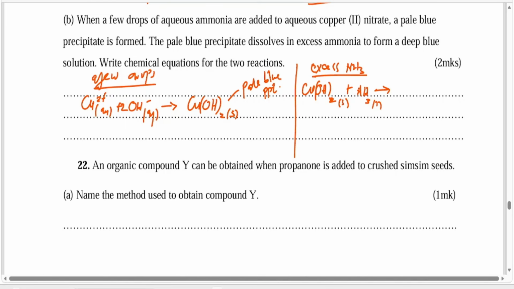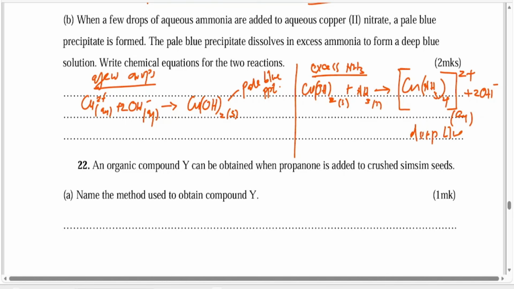Excess ammonia dissolves the precipitate to form the copper tetraamine ion. So we shall have copper with 4 ammonia molecules, and this is a complex ion with a positive 2. And then we add the OH here to balance the equation, and we balance it with a 2. So this is aqueous, and this is the deep blue solution.